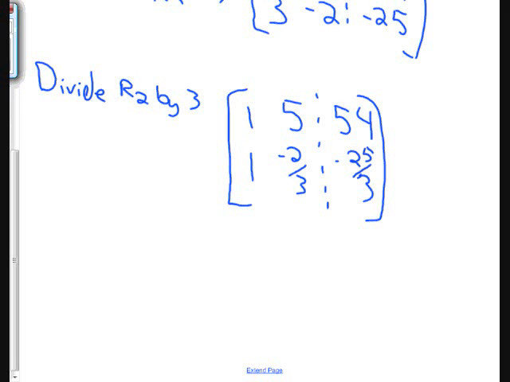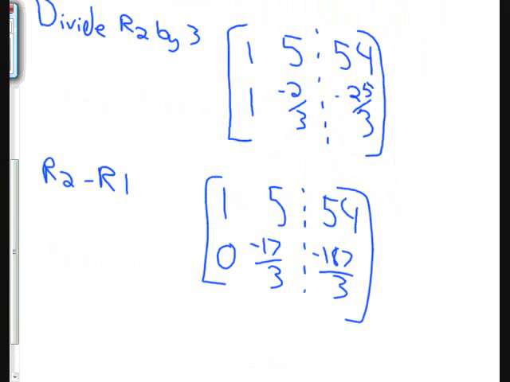Now, I have these two ones here in the front, so I'm going to take row 2 and subtract row 1.